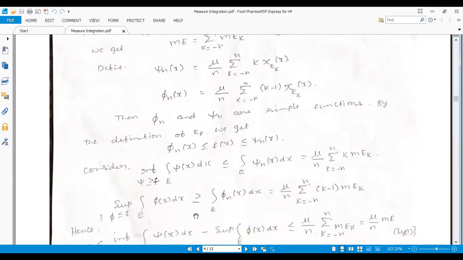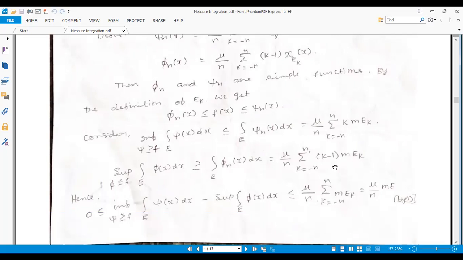In a similar way, if you take the supremum of phi less than or equal to f, the integral upon E of phi x is greater than or equal to the integral upon E of phi n x dx. This equals mu by n summation k running from minus 1 to n of (k minus 1) times the measure of Ek.